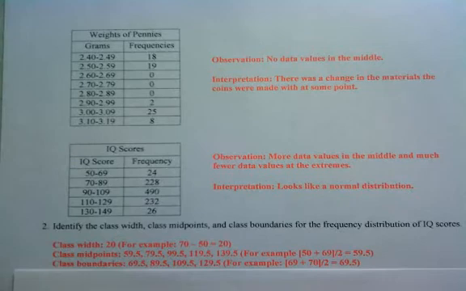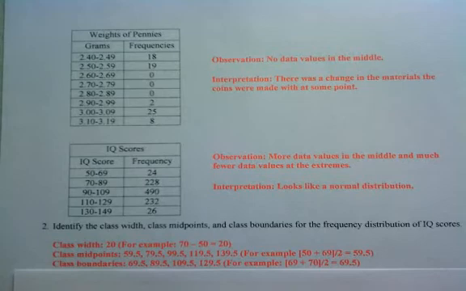Again, 69 and 70. Add the 2, divide by 2. The 89 to 90, 89.5, and so forth. Class boundaries are almost always going to be 0.5s. Midpoints, it kind of depends on just what the width is of the particular class.